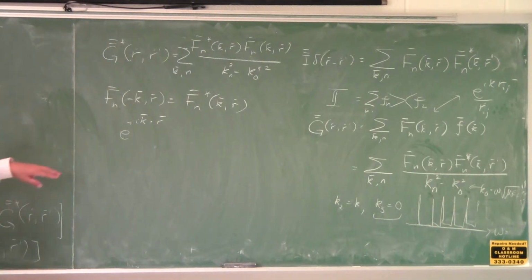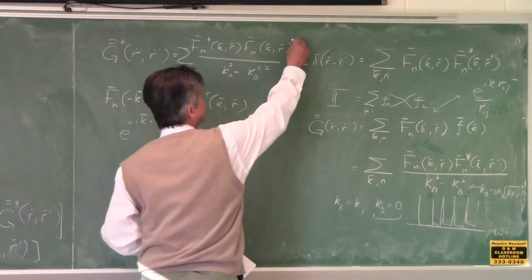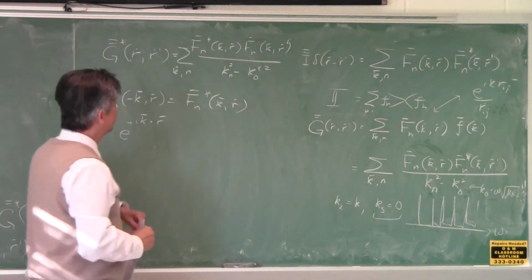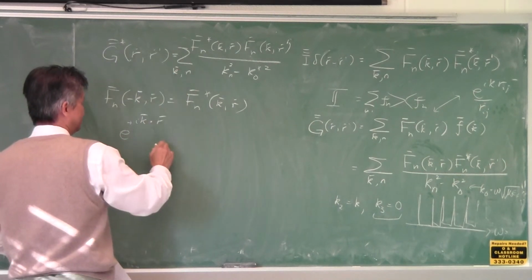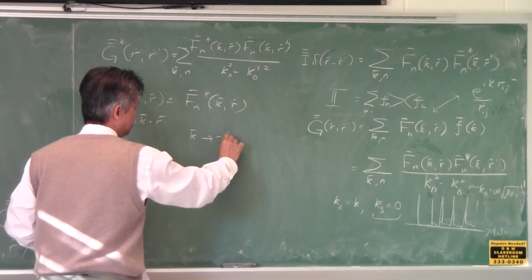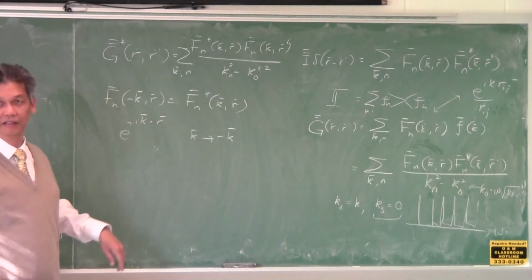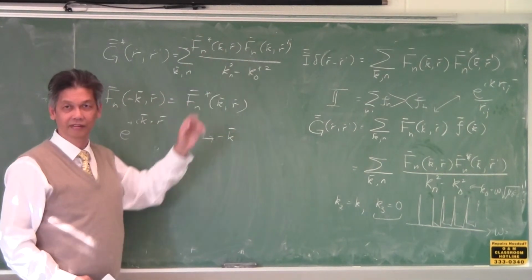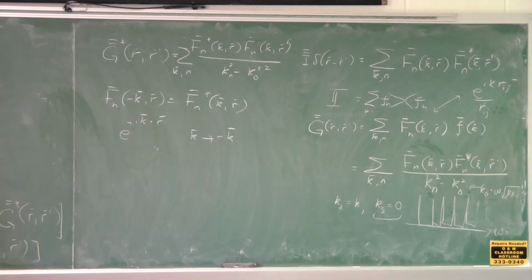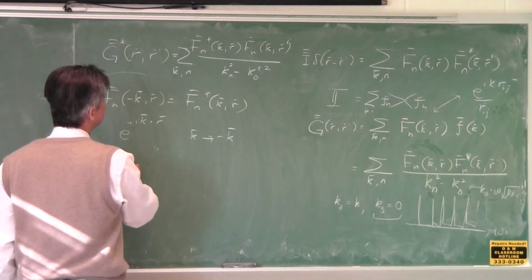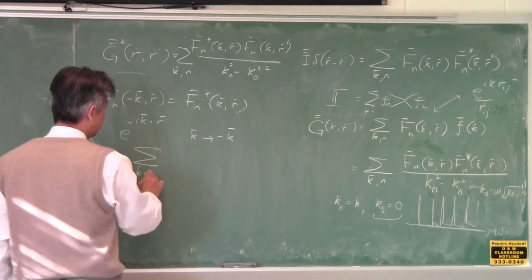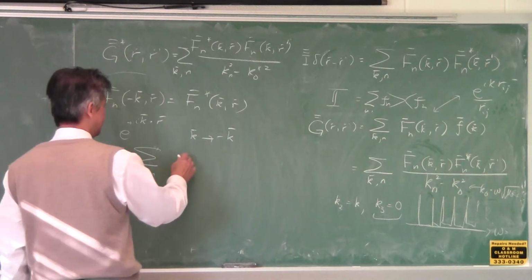So if that is the case, then this should be the prime here. I can change this k to minus k. Instead of sum over all k, I sum over all minus k. It's the same thing. Then I reverse the transpose of that, so this becomes just the same. Sum over k or sum over minus k doesn't matter, right?